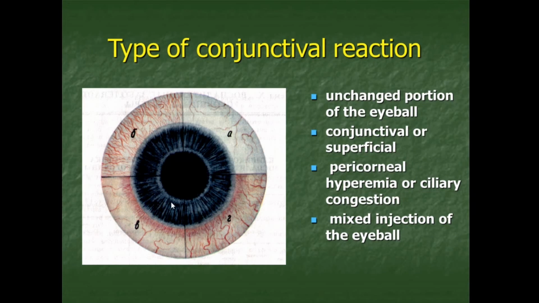When we speak about redness in the case of conjunctivitis, it's superficial redness. When we speak about keratitis, usually it's pericorneal or mixed hyperemia or injection.